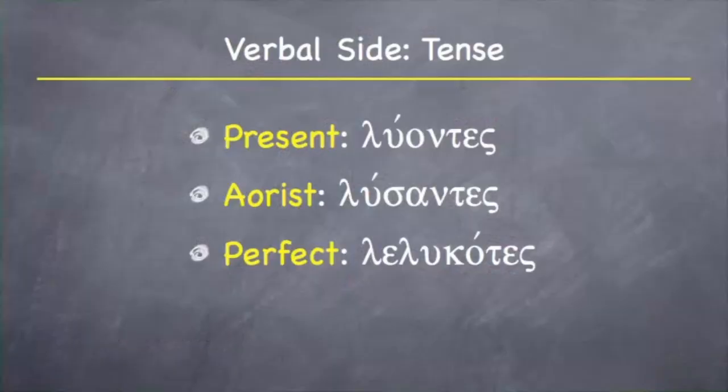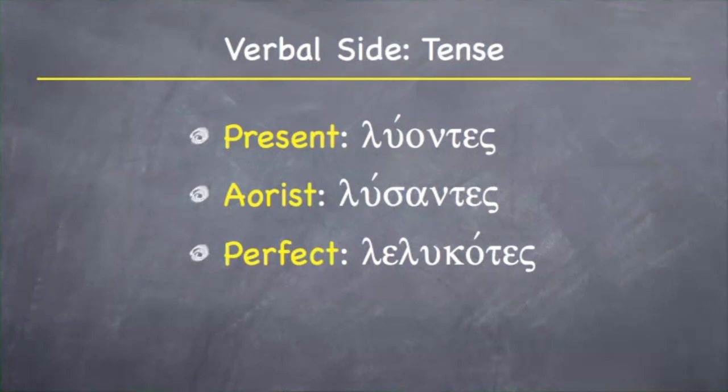All right. Okay, let's move back a bit to formation issues, and I just want to make sure that some of this is clear. Participles are verbal adjectives. Let's talk about the verbal side. Because they're verbal adjectives, they're going to have tense. And so we're going to have participles that are present and aorist or perfect.